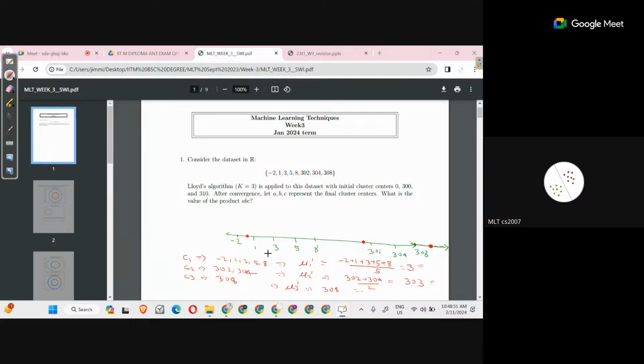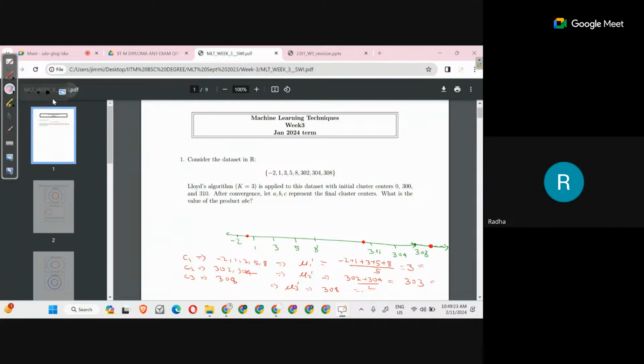This is one example for initialization also. See, the 300s will become one group, and then these 5 points can be divided into 2 groups. That is also a possible clustering. But sir, 303 is one of the means, and for the data point 308, the mean is 308 only.